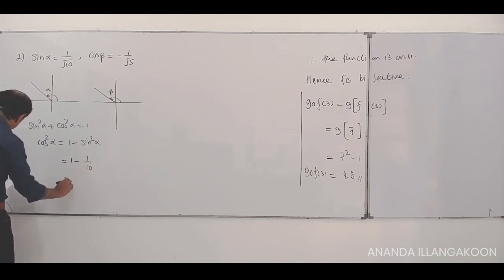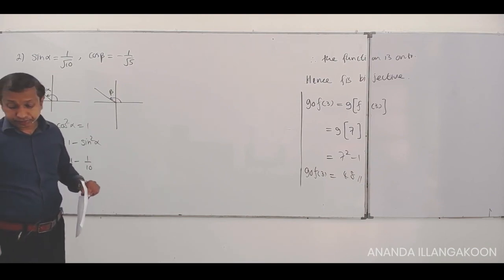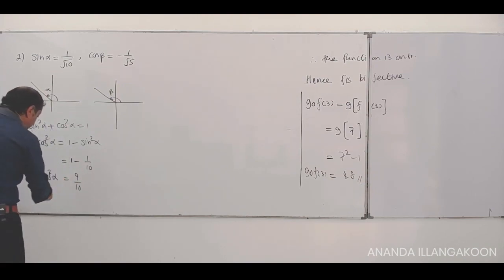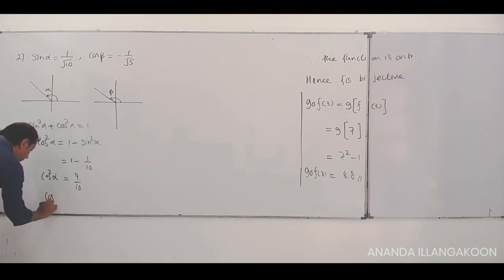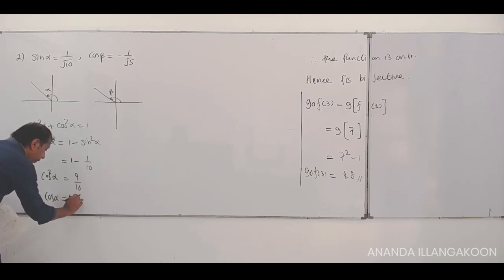Then we get cos squared alpha equals 9 over 10. Then we have to take the square root of this, and we have to put plus or minus, 3 over root 10.